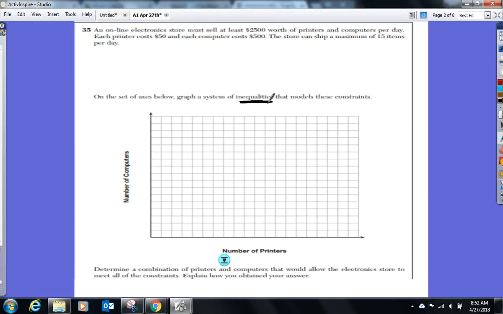So I'll get you started. It doesn't matter which one you choose, but I'd rather stay on the same page. I have X as printers, and I have Y as computers. And again, could you switch those? Sure, that's fine. I just want to be consistent throughout the class.